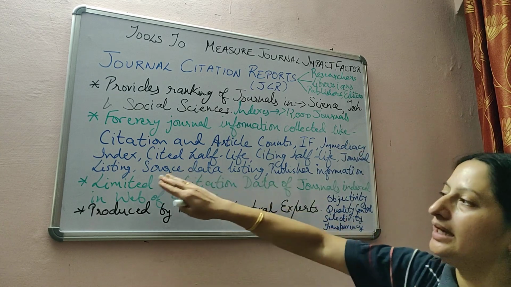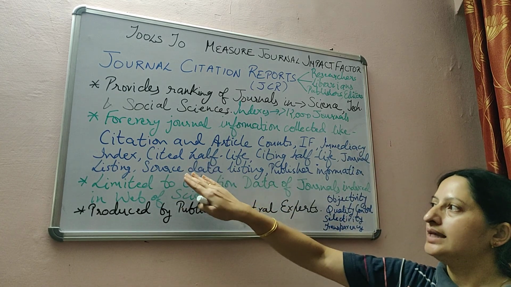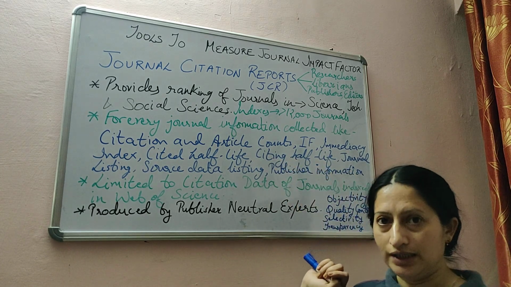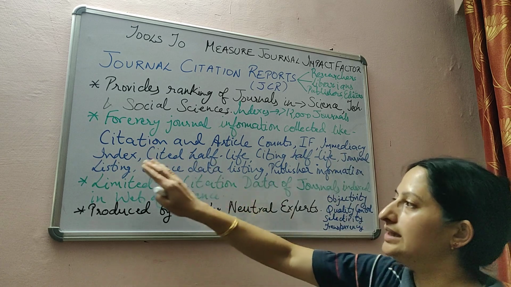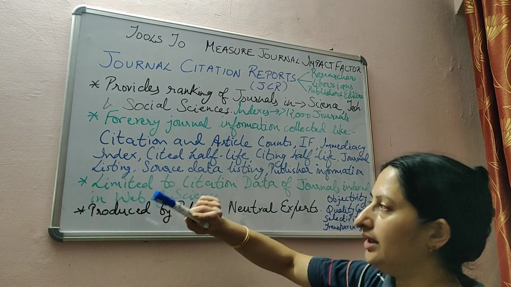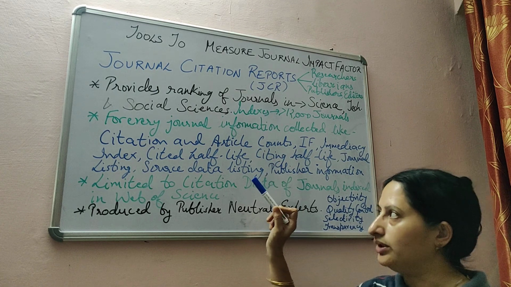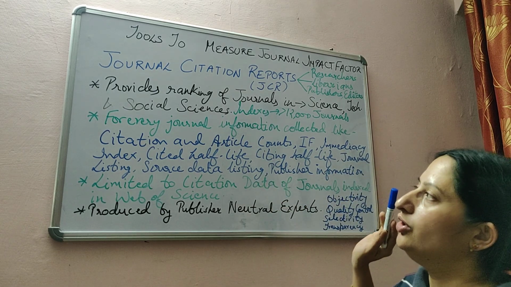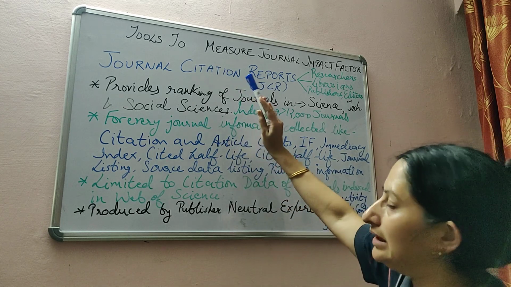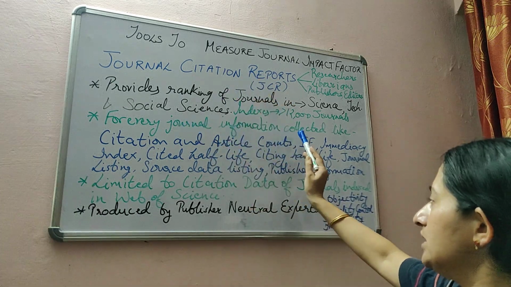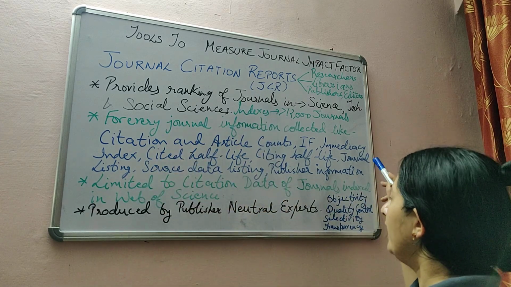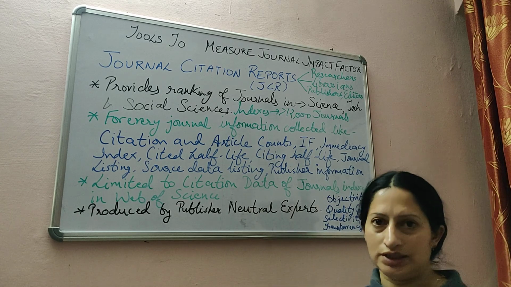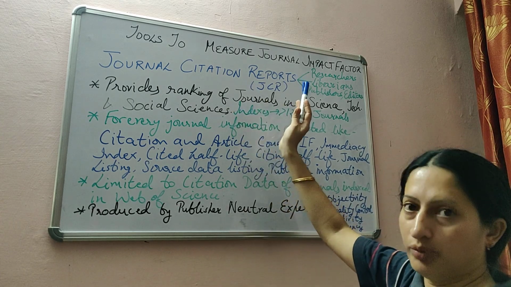Then the immediacy index, cited half-life and citing half-life are noted. Then journal listing, source data listing and publisher information are noted down. Only when the report collects all this information does it include the journal in its report.